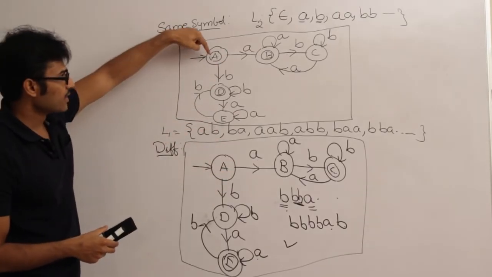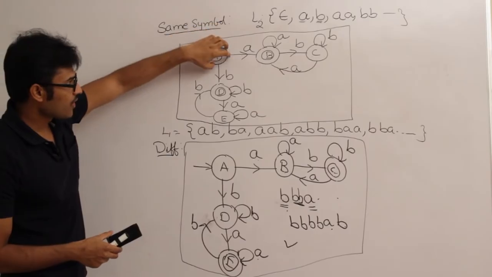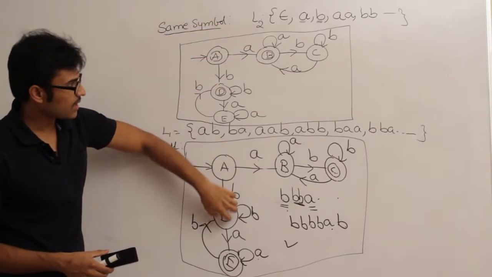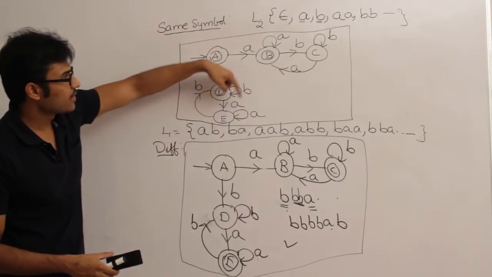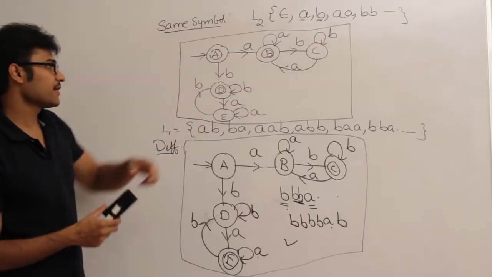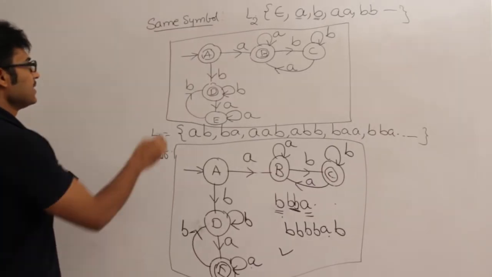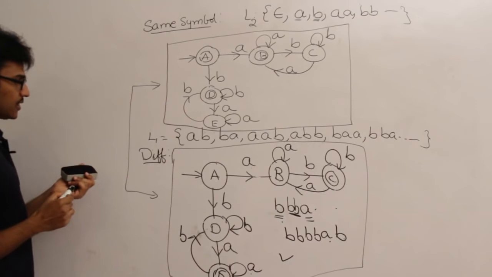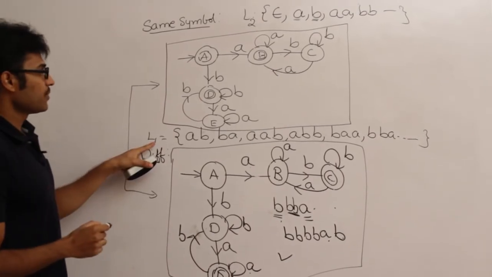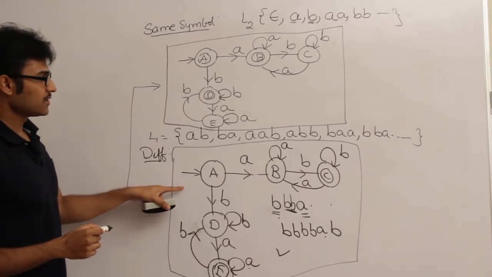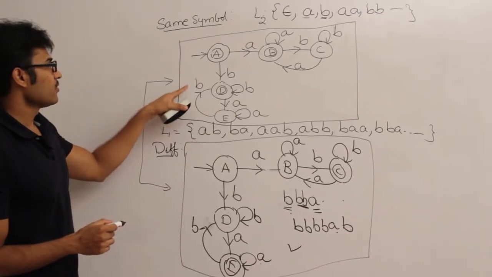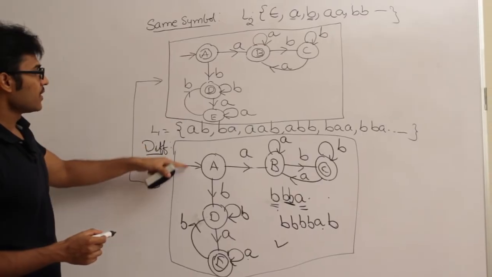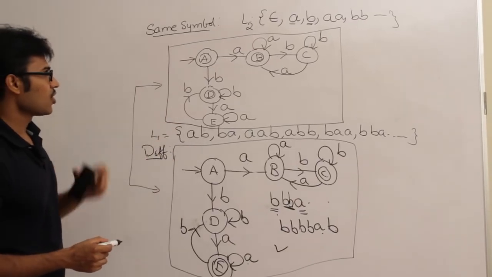The only change is the initial state, and here the non-accepting states are accepting states, and here the accepting states are non-accepting states. And such kinds of DFAs are called complements of each other. If L1 represents the language accepted by this DFA, L2 represents the complement of it. In fact, the languages are complemented, therefore we get the DFAs as complemented.